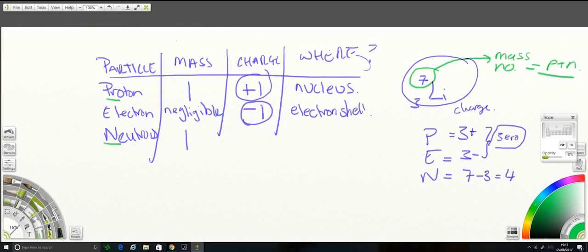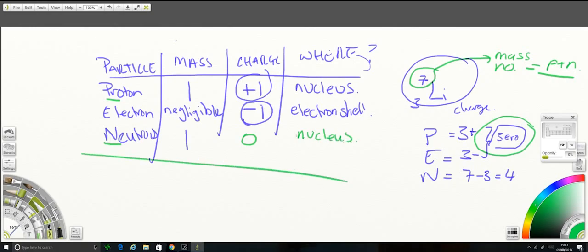So the proton plus the neutron are the things that have the mass. Now, because the overall charge of the element is 0, we know that the neutron must have no charge. So it's got 0 charge because it doesn't affect the overall charge. And where is it found? Well, the neutrons are found in the nucleus. And so you guys need to know this information as well.